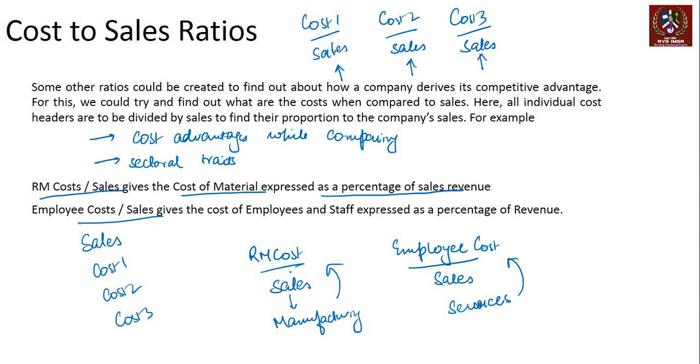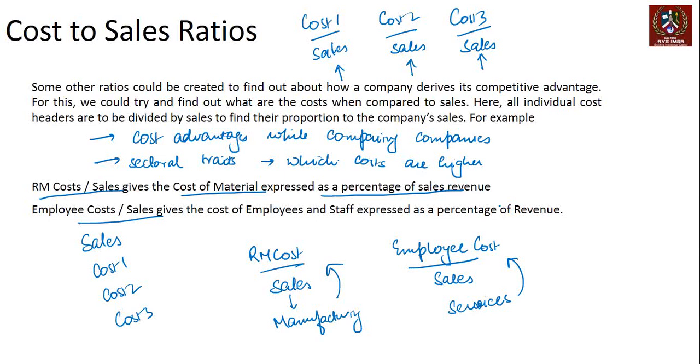But for now, what's important for us is to understand this relative understanding of cost advantages while comparing companies in the same sector, and sectoral traits in terms of which costs are higher and in what sector, right? Some sectors will have marketing cost as high, some sectors will have employee cost as high, some sectors will have raw material costs as high.